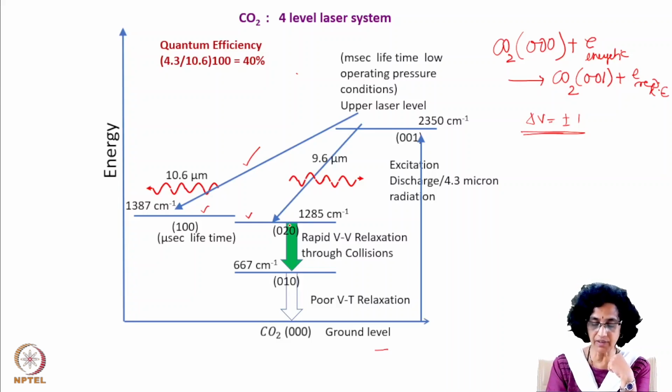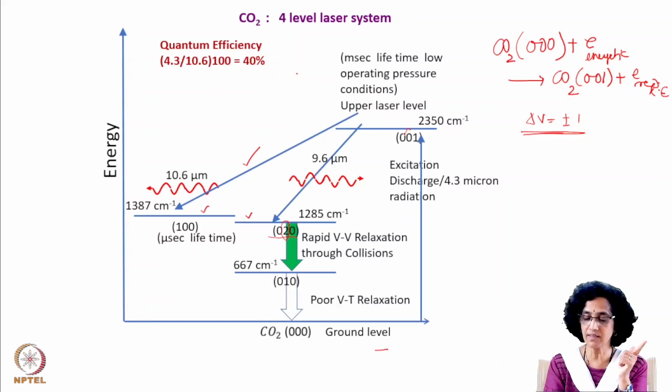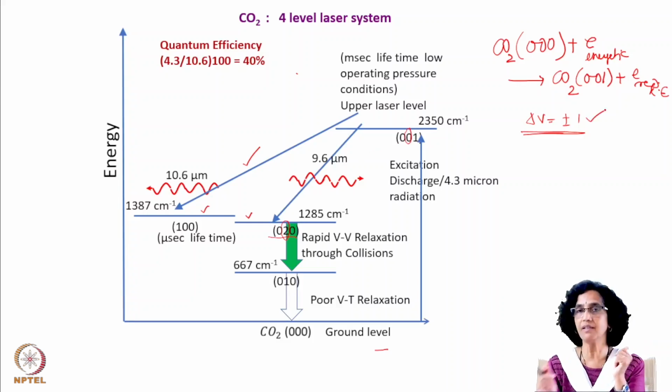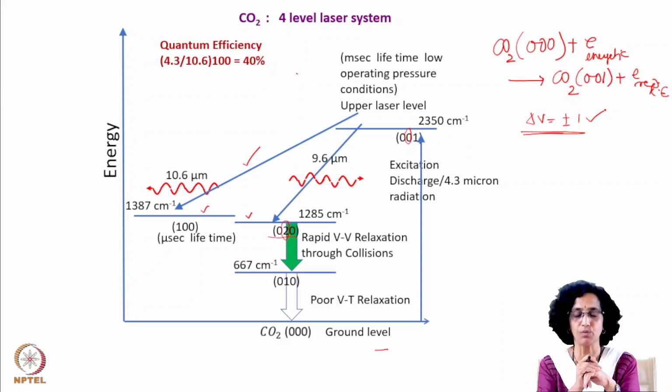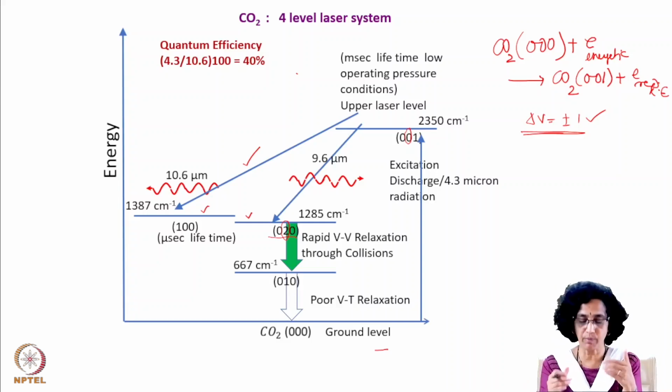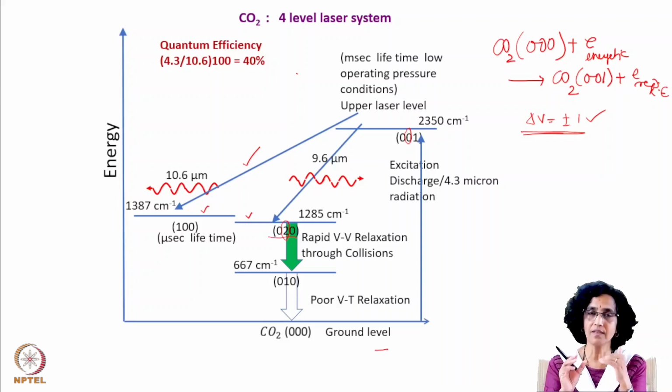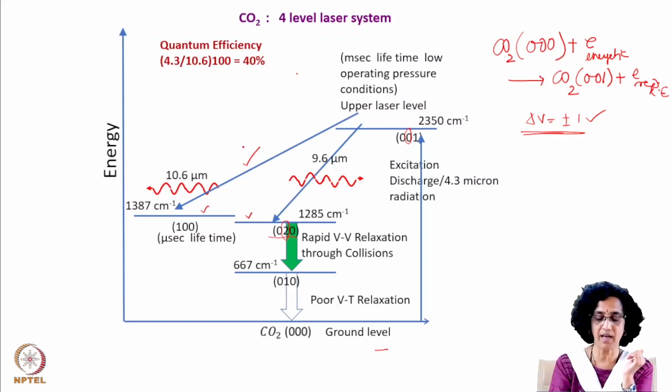On the other hand, when you see this particular vibrational level, it has two quanta of bending mode, whereas here it is 0. So what is the delta V here? Delta V is plus 2. So it is not really satisfying this particular rule, and therefore, although it is not allowed, there is a finite probability of this particular transition, but it is much poorer as compared to this.